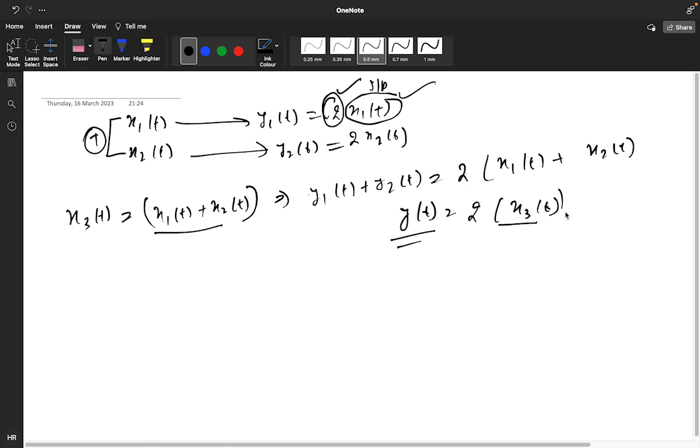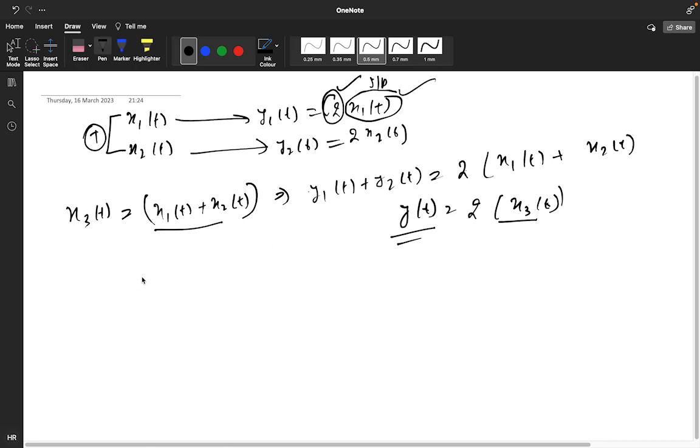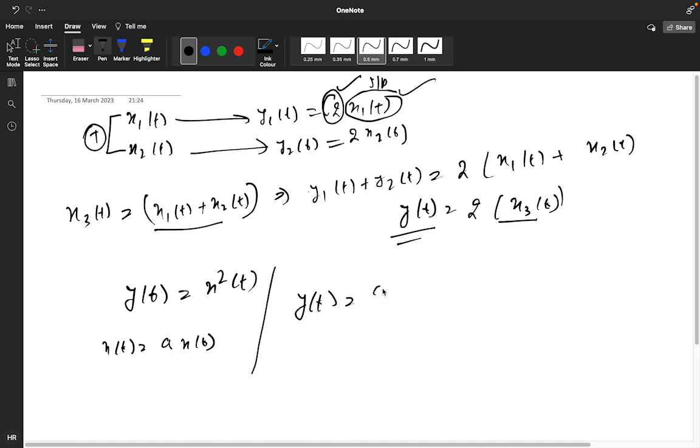Okay, let us suppose now your y of t is equal to x square of t. Now if I say the new x of t is equal to ax of t, and you apply this, what will y of t come to? a square x square of t.